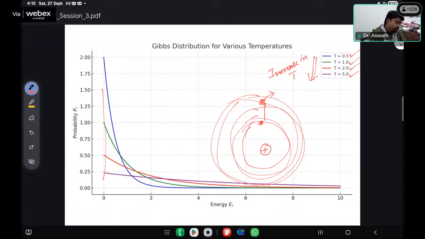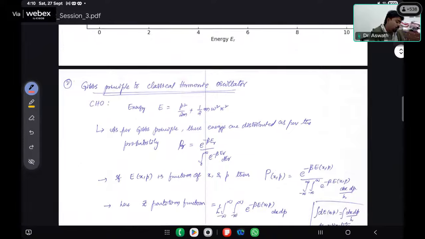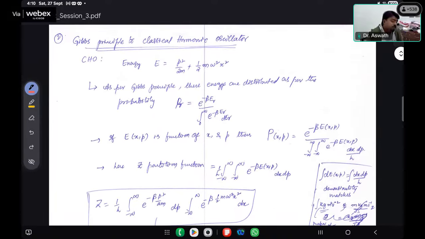Fine. Now let's apply the Gibbs principle to the classical harmonic oscillator. We already did this, but just for the sake of it, in terms of the Gibbs principle, how do I derive the average energy of a classical harmonic oscillator? First I will find out what its energy is. The energy is simply p squared by 2m plus half m omega squared x squared. What is a classical harmonic oscillator?